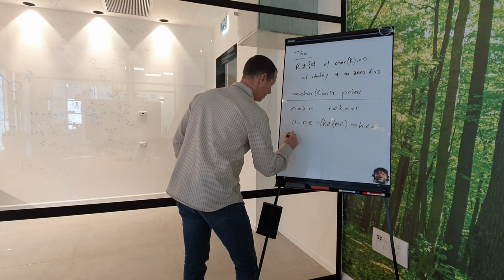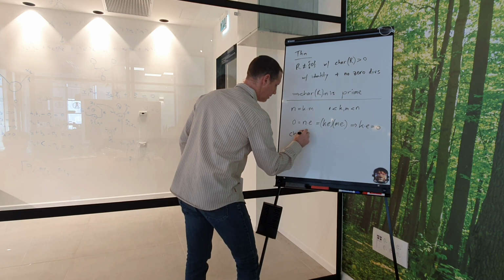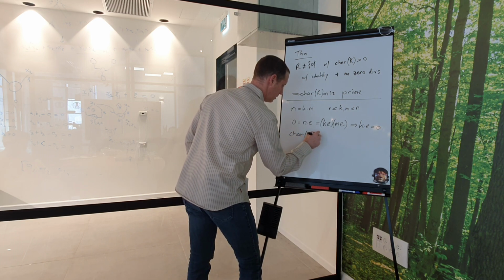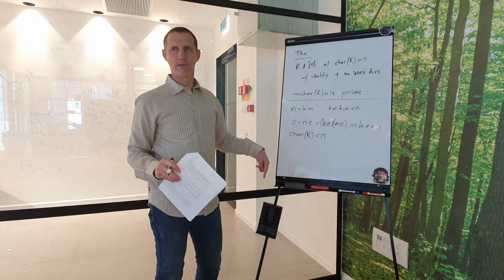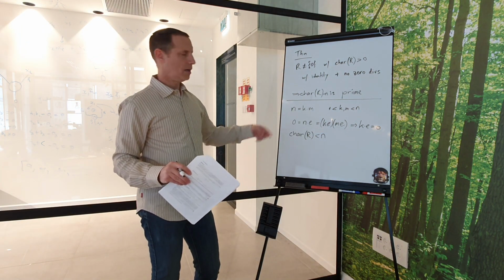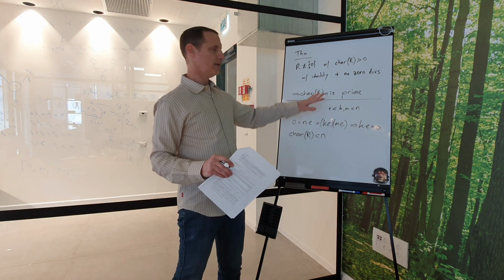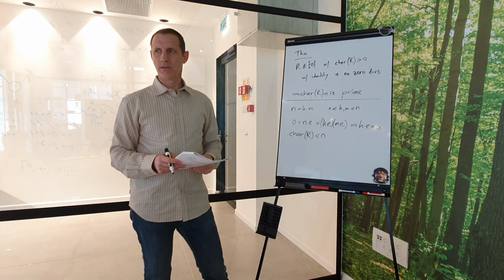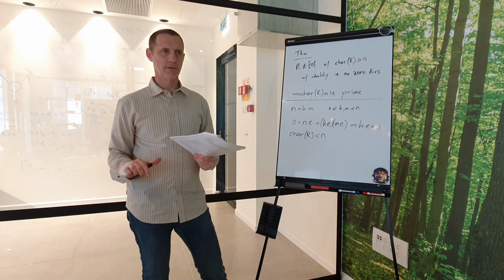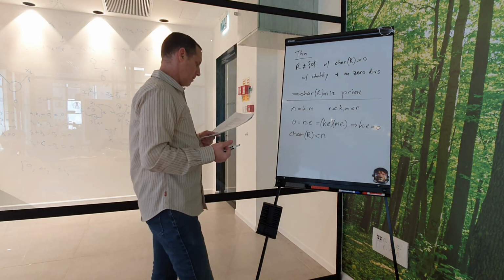So we found that the characteristic of R is less than n. So then n can't be the characteristic, right? And we notice that the only time that we're not going to get this is if n is prime, right? Because then it doesn't have a factorization, apart from trivial factorizations, right? Okay.